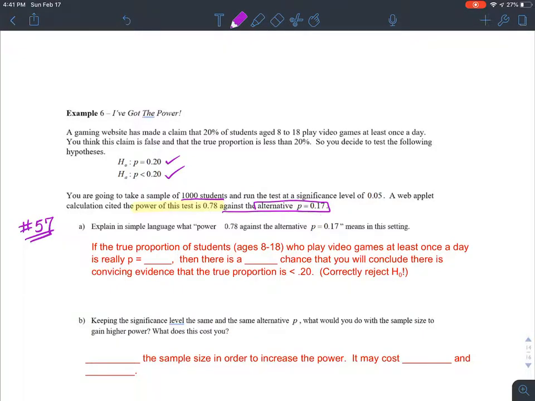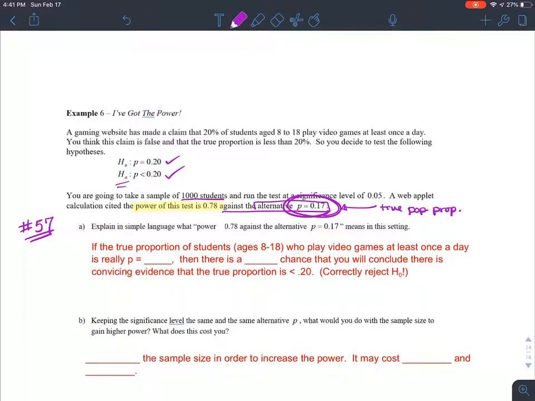Okay, this is what this means. Okay, you take the alternative. Alternative means not the alternative hypothesis, but this means let's assume that this was the true population proportion, 0.17.